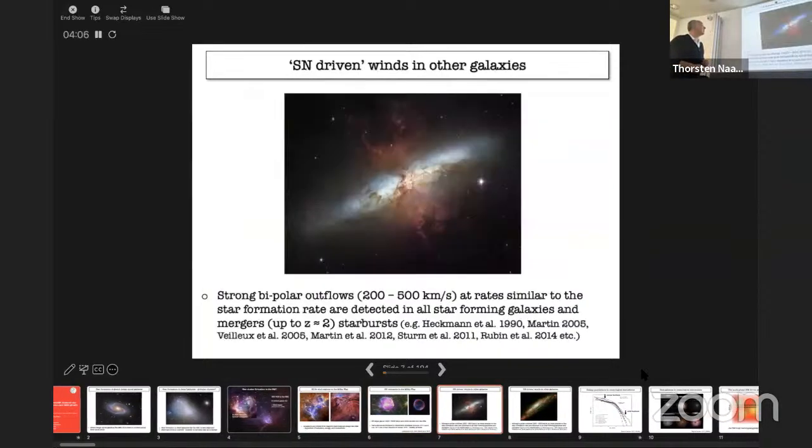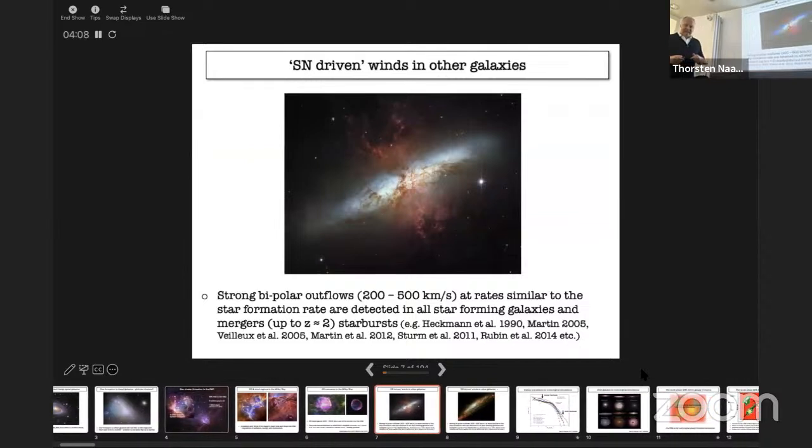Now, as a result of all of this, galaxies can develop large-scale outflows. This is M82, a famous galaxy. The gas is pushed out of the galaxy and enriches the circumgalactic medium with material. We do not really know how these winds are launched.